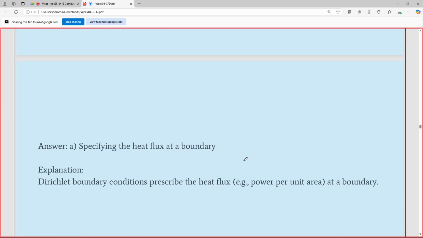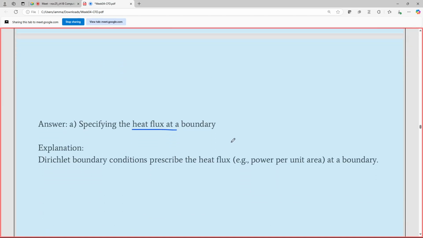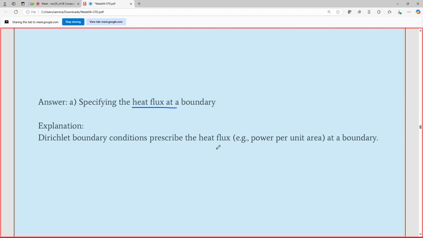The answer is option A, specifying a heat flux at a boundary. Here, heat flux is in terms of watt per meter square, that kind of heat flux per area. So all others are gradients.